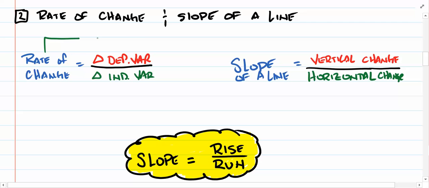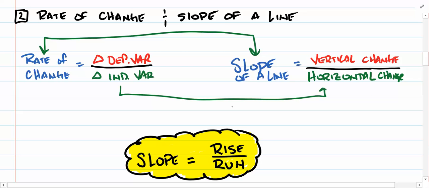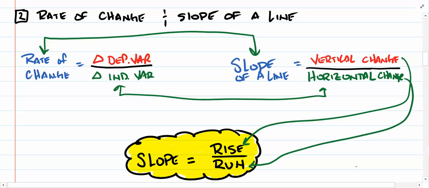So rate of change and slope are the same exact thing, and they are defined the same exact way. Okay, so you might know vertical change as something called the rise, and you might remember horizontal change as something called the run in your previous pre-algebra classes, and this is what we're going to explore.